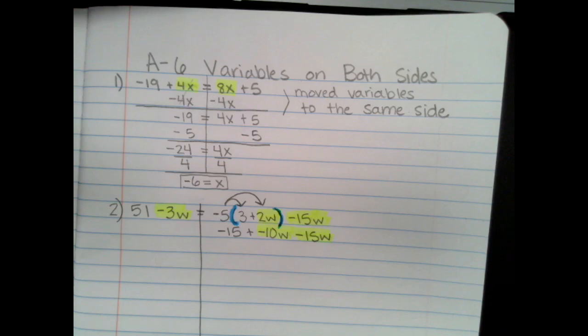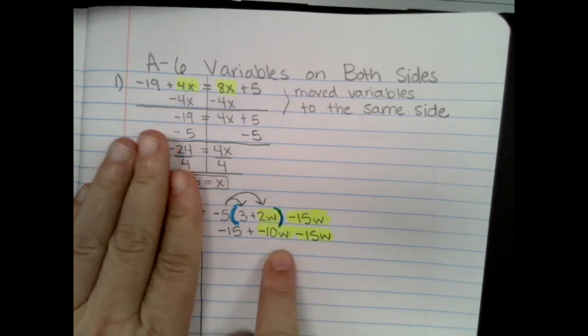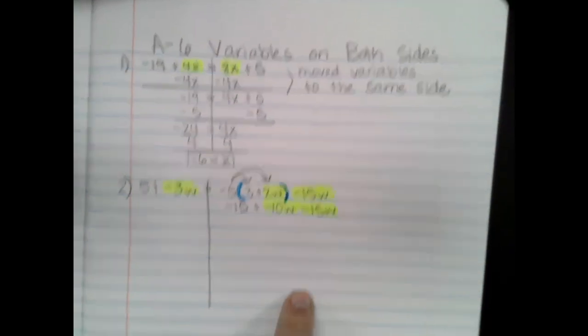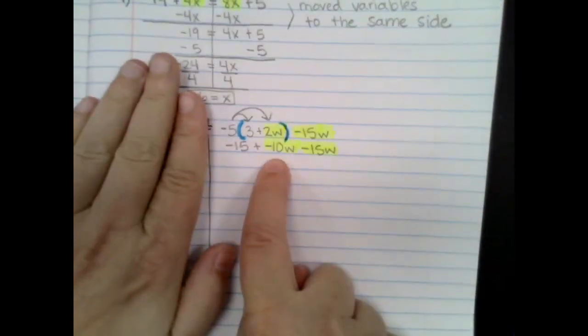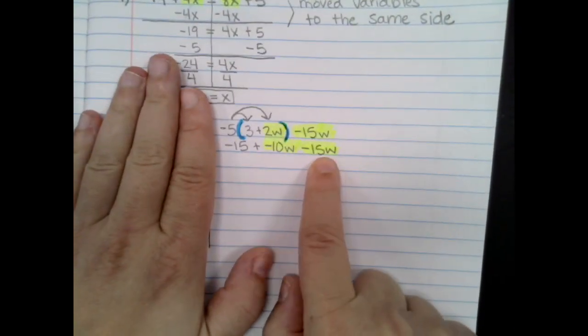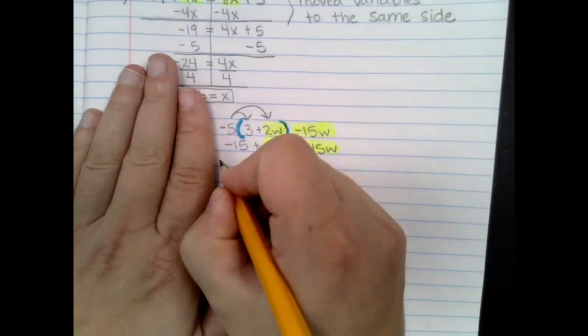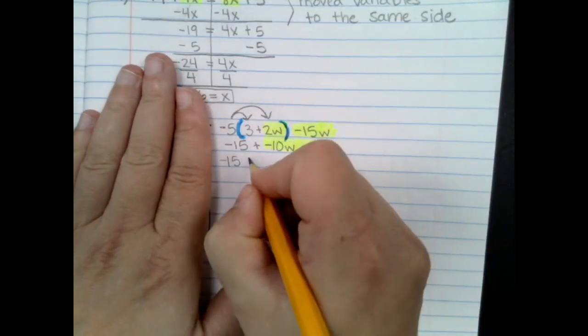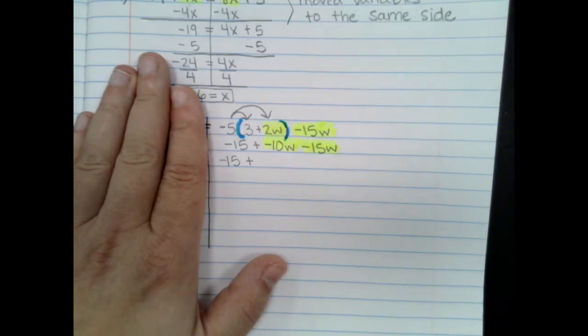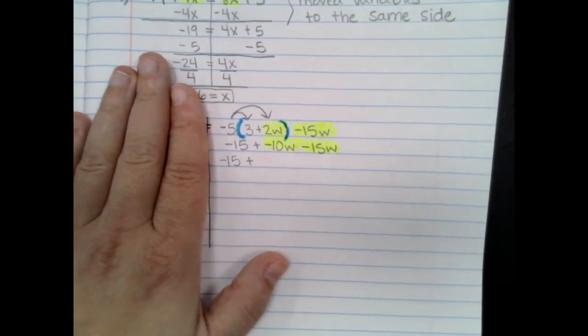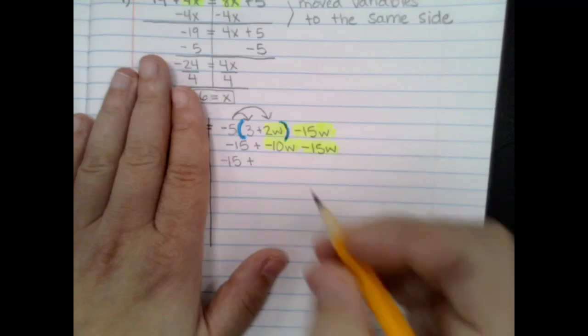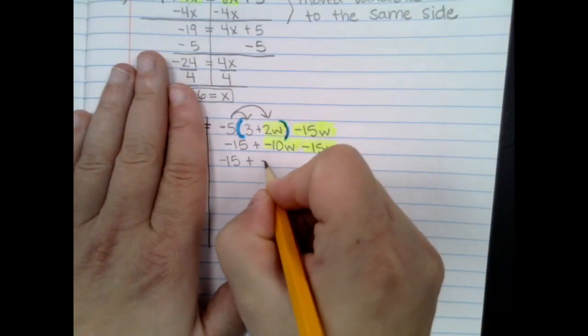So because they're on the same side, we just combine them. So we're just thinking negative 10 minus 15. So if I start at negative 10 and I go backwards 15 more, I already went backwards 10. I'm going to go backwards 15 more. How many backwards is that total? 25. So negative 25w.